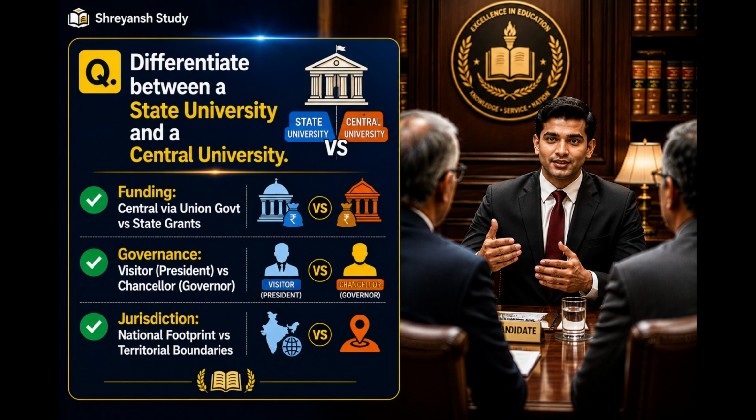Governance: the President of India serves as the visitor for central universities, whereas the state governor serves as the chancellor for state universities. Jurisdiction: central universities generally have a national footprint or specialized territory, while state universities operate within fixed territorial boundaries defined by the state legislation.